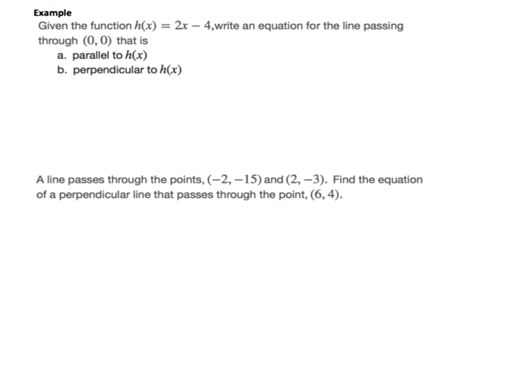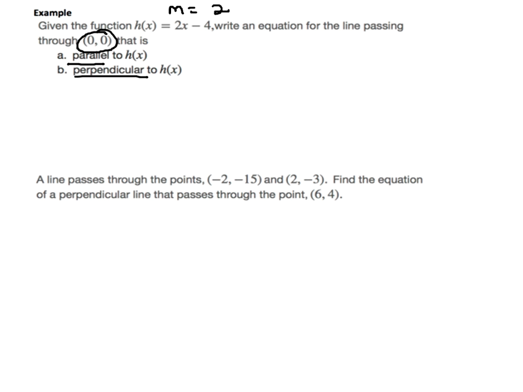Last slide here, thank goodness. Given the function h of x equals 2x minus 4, write an equation for the line passing through 0, 0. So that's the origin. That's also going to be your y-intercept that is parallel to h of x and perpendicular.